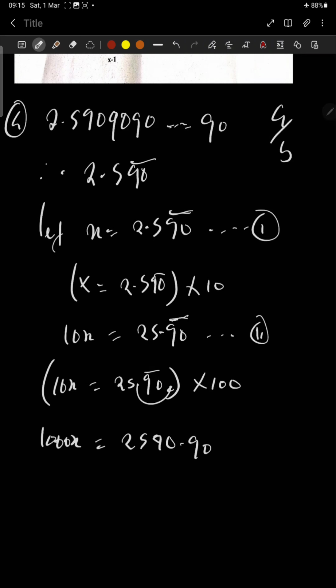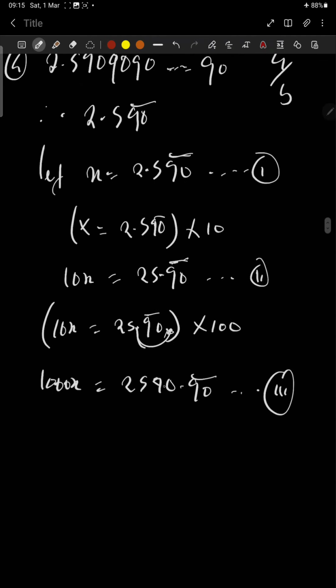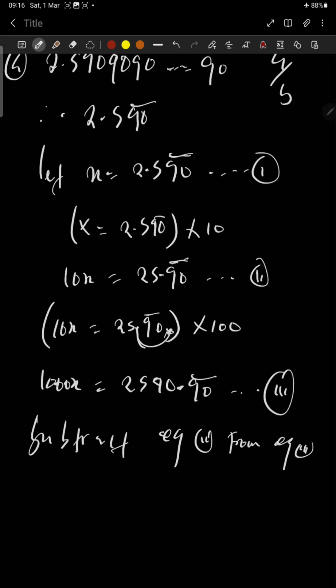But when it crosses, since this is repeating, it has to repeat again. Now if the decimal point shifts over the bar once, the next step is to subtract equation 2 from equation 3.